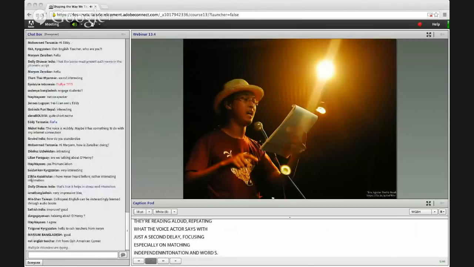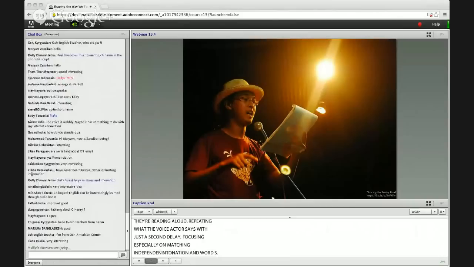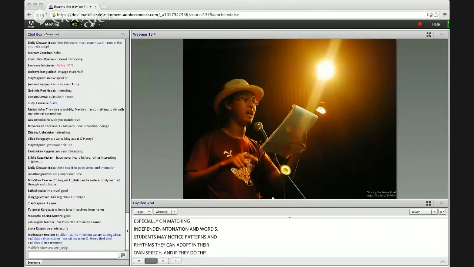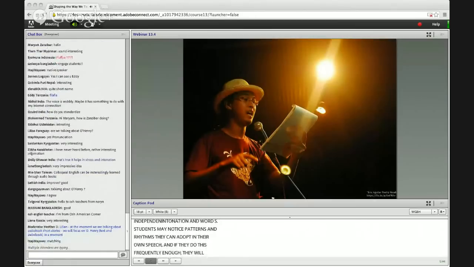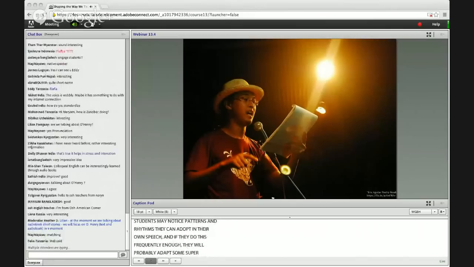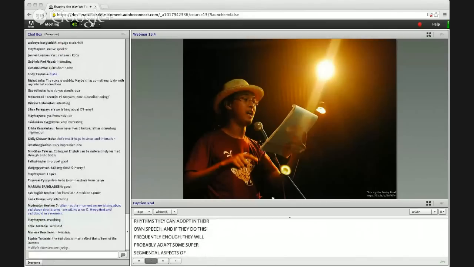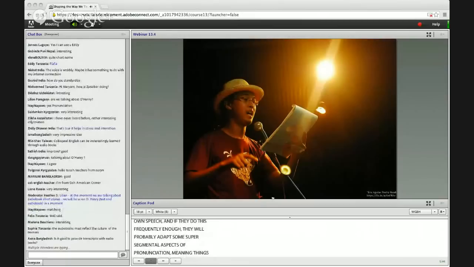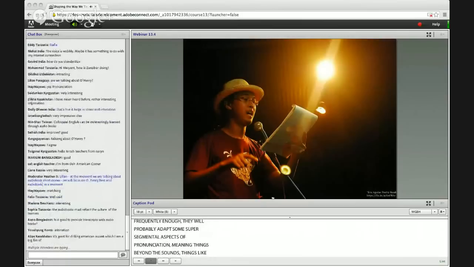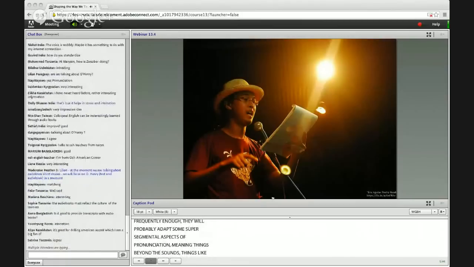And if they do this frequently enough, they will probably begin to adapt some of these suprasegmental aspects of pronunciation. That means things beyond the sounds, but things like rhythm, stress, intonation. By doing this frequently, they can start to just adapt that naturally without thinking too hard about it.